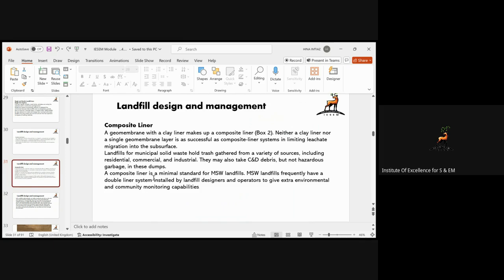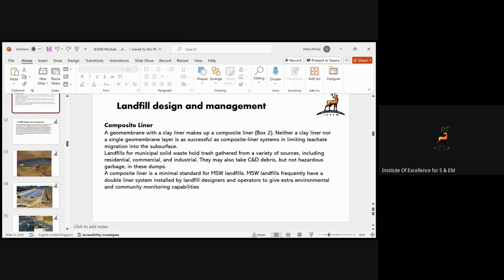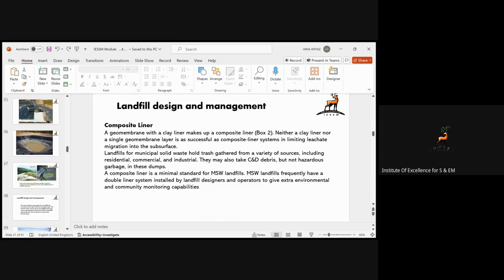And for landfills, such as municipal solid landfills and hazardous landfills, in which we are going to manage hazardous waste, you will adopt the composite liner. So I want to show you the composite liner.